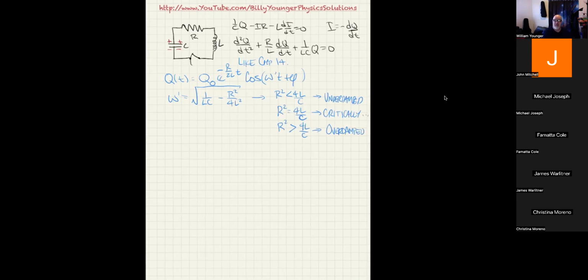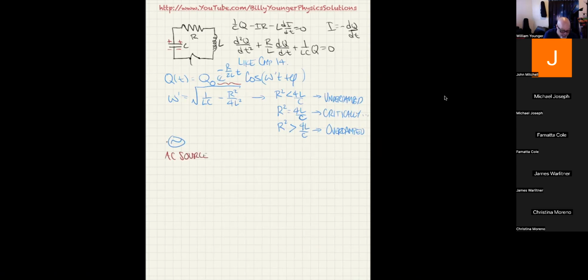The big thing is if I put an actual power source in there, an AC source, I can compensate for the exponential loss that you see in this little factor right here.